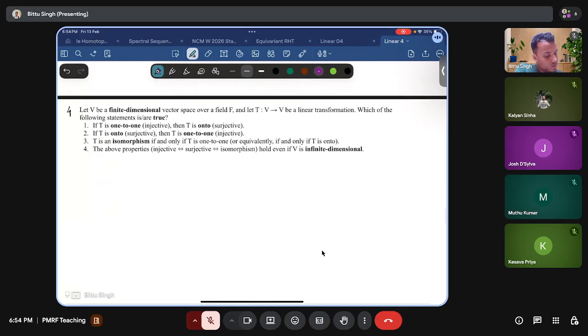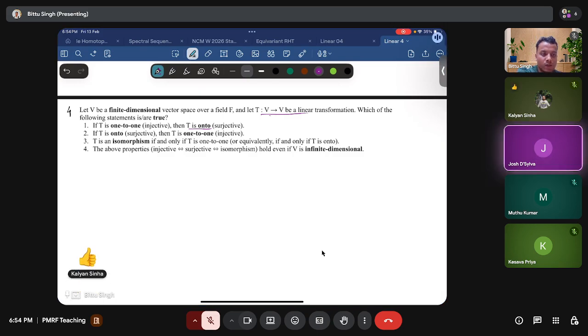This is another question. Here we are considering V a finite dimensional vector space and T a linear transformation from V to V, that is a linear operator. Then T is 1-1 implies T is onto. Is it correct? Can anyone answer this? Yes, it's correct.